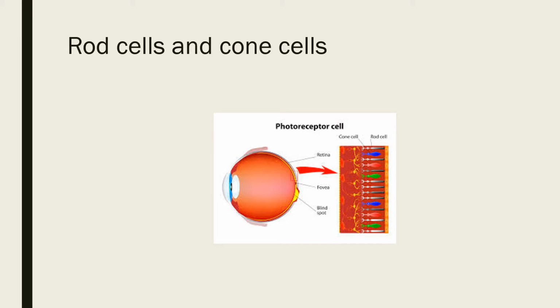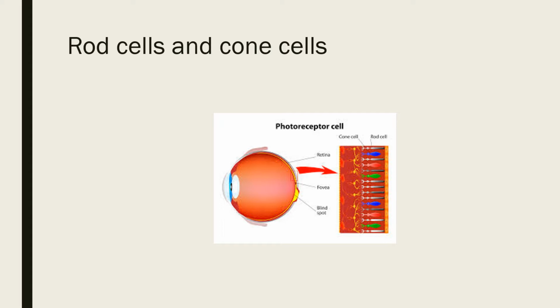Rod cells and cone cells. Rod cells are photochemical receptors and they respond to different wavelengths of light, and the images are seen in black and white. So how do they work? In the retina, rod cells are connected to a single sensory neuron in the optic nerve. They contain a photosensitive pigment called rhodopsin, and lots of rod cells are connected to bipolar cells, so their effects accumulate.